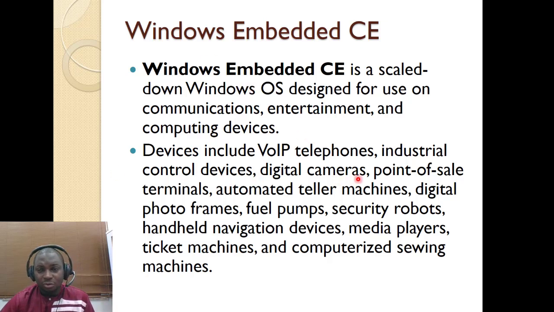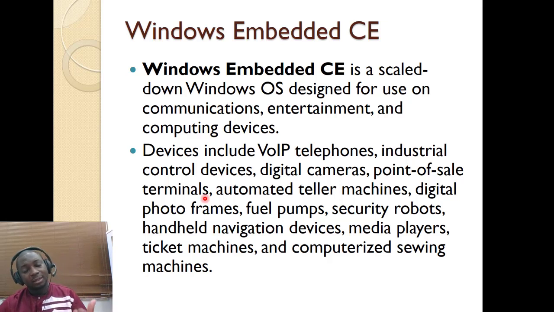Digital cameras, you can see, and the different cell point terminals here in Africa. Yes, they have started developing them so much. Then automated teller machines, digital photo frames, fuel pumps. Nowadays at Shell, Total, you just need to use your thumb.